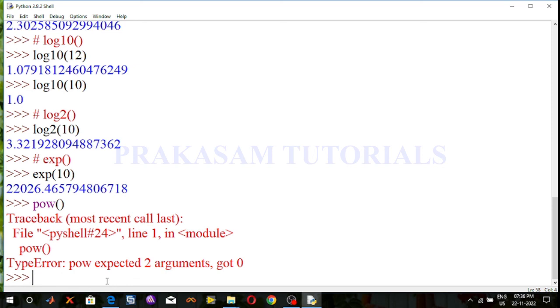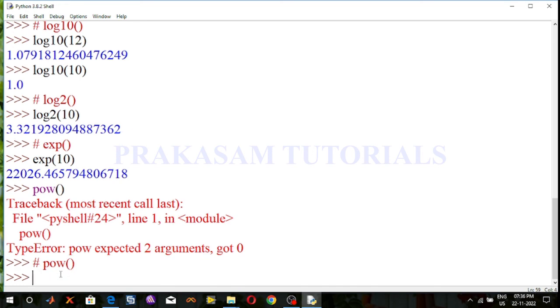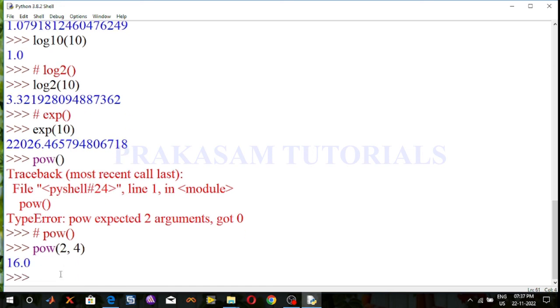For example, power of 2 comma 4. Raising the first argument to the second argument, the resultant value will be displayed on the Python console, and its value is 16.0.